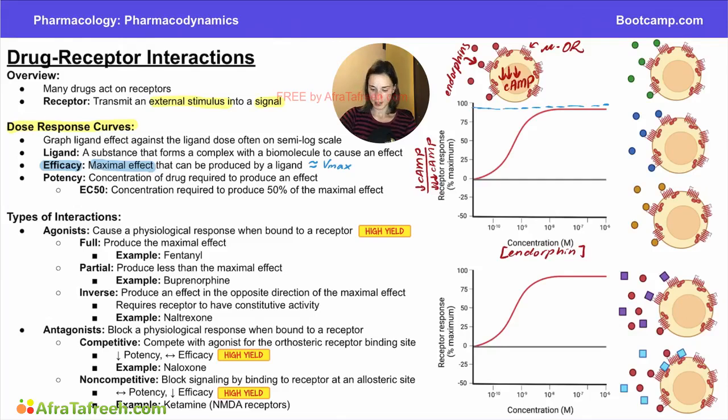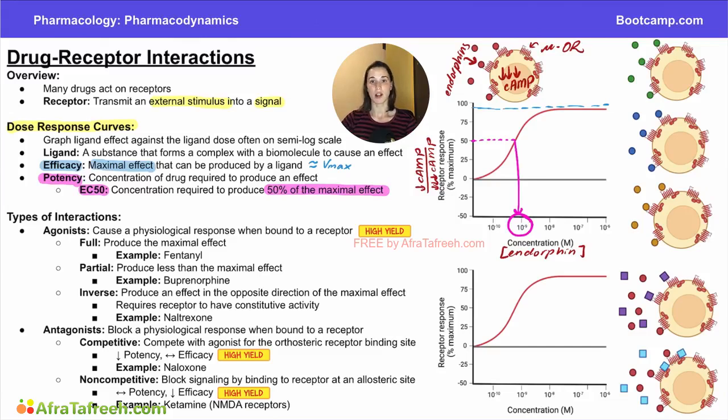And then the potency describes the concentration of the drug required to produce a particular effect. This is often measured by looking at the EC50, which is the concentration required to produce 50% of the maximal effect. So if this here is 50% of the maximal effect for this ligand, the EC50 is going to be somewhere around here, with lower EC50s suggesting higher potency.